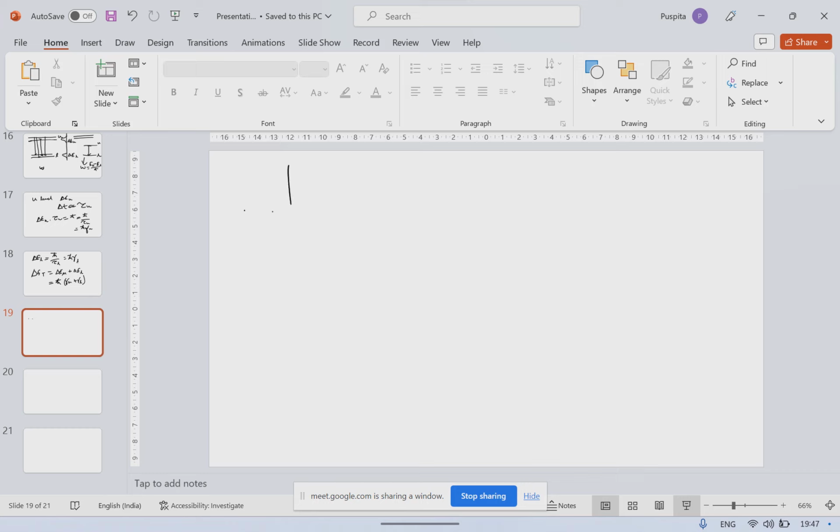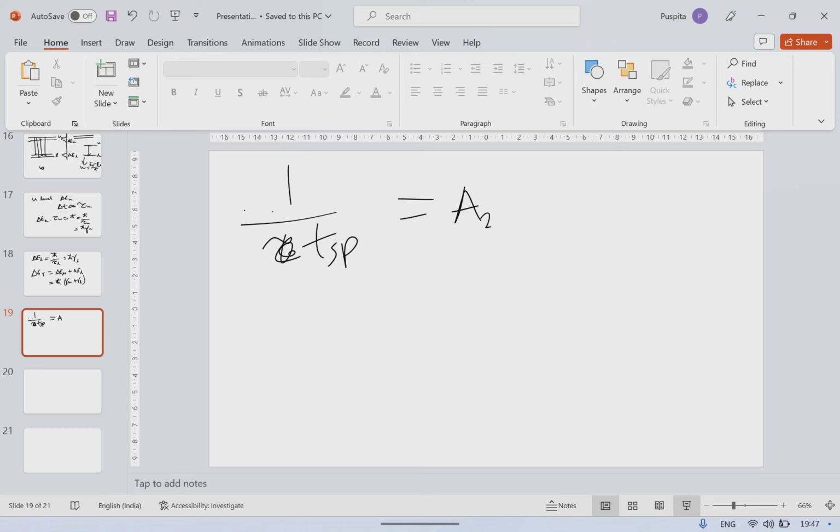We have already seen 1 by TSP, the spontaneous emission lifetime, where the energy drops by 1 by e in that time, and the number of particles in a certain level is given by A21, which is 1 by TSP.